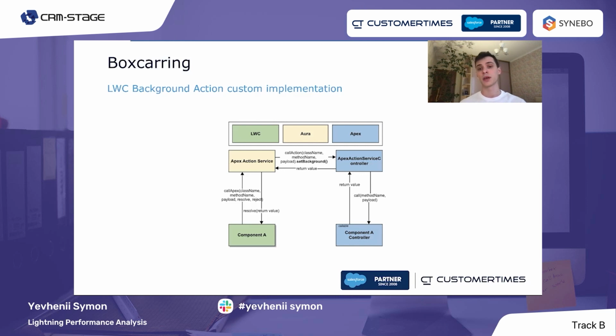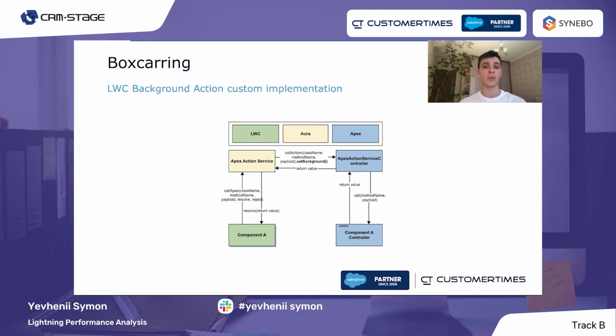This Aura component executes the Apex Action Service controller, Apex controller basically. It also uses the setBackground function, so it executes it in the background, and it passes the class name, method name, and payload.